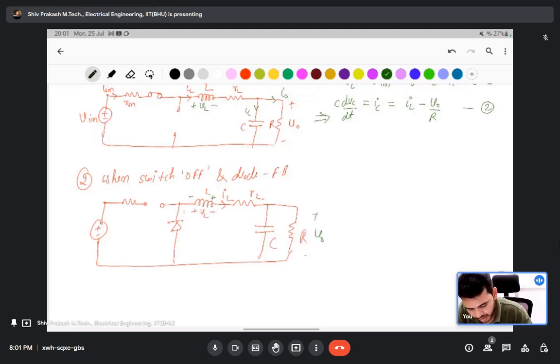In that condition, the negative terminal is connected to the diode cathode, and VL should be greater than V naught. Then the positive terminal here, the positive voltage here, is more than the cathode voltage. So this time the diode will be forward biased and current flows like this.